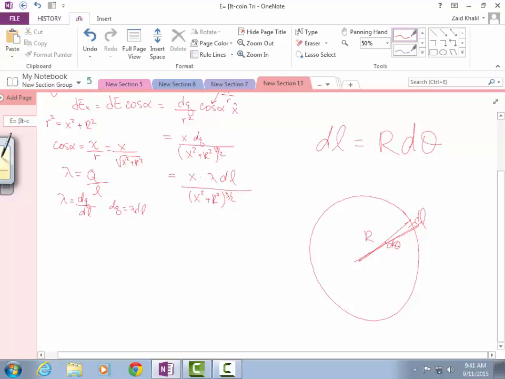So you sum over all of them, and what do you end up with? 2 pi r. So we end up with x times lambda times 2 pi r over x squared plus r squared to the 3/2. And of course we have the 1 over 4 pi epsilon naught, which I always forget. That just goes through all the way.